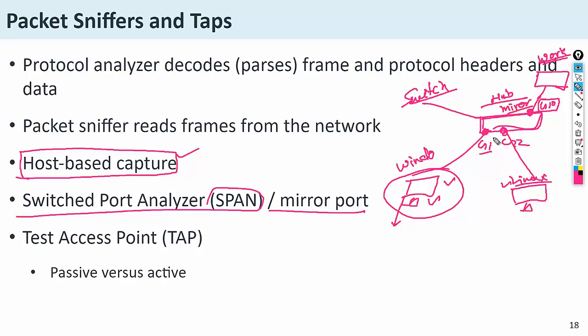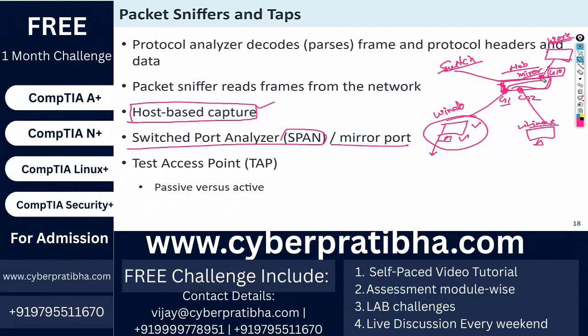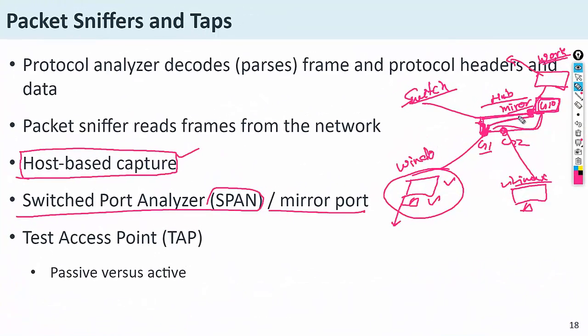So what is the mirror port? Mirror port means any data coming to this port or going out of this port will be copied and transferred to the G port number 10. So the person sitting here will capture all the data, the ingress or egress communication.